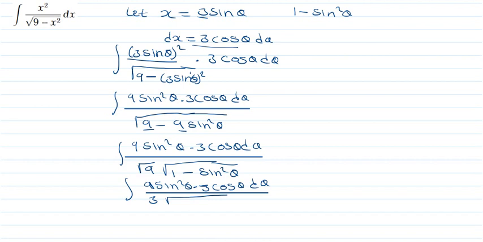This is an identity: 1 minus sine squared theta is equal to cos squared theta. So I can replace it by cos squared theta.